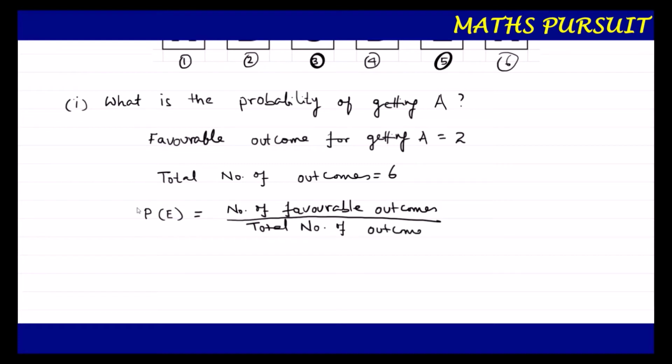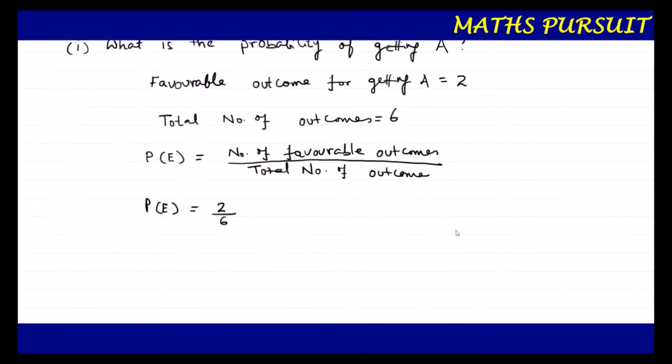This is the way the probability of an event is calculated. So I can write here the probability of the event is equal to 2 upon 6, because the number of favorable outcomes is 2 and the total number of outcomes is 6.